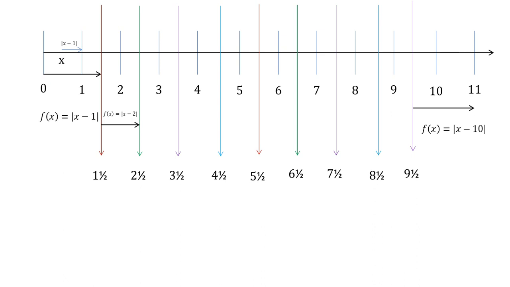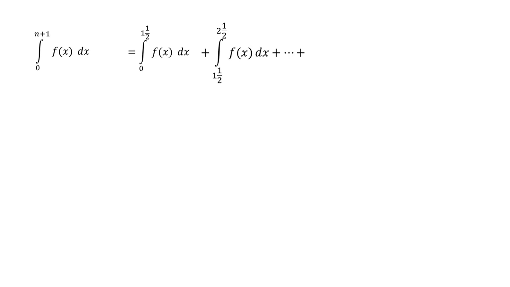With these points in mind, we can now split the integral for any n in such a way that f(x) is easily calculated, which we will do now. So we split the original integral from 0 to n+1 by considering the intervals 0 to 1½, 1½ to 2½, 2½ to 3½, till n-2½ to n-1½, and the last interval from n-1½ to n+1.